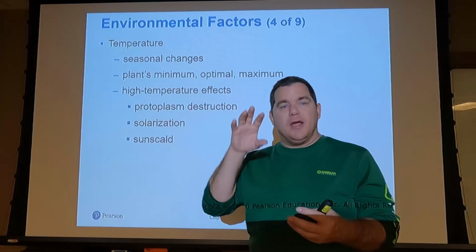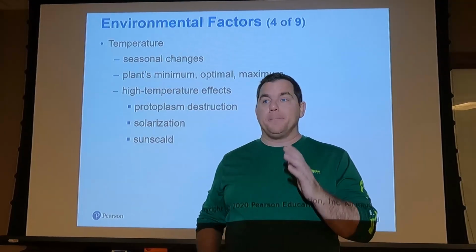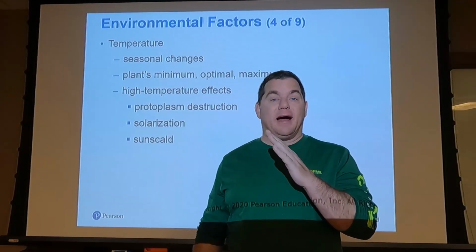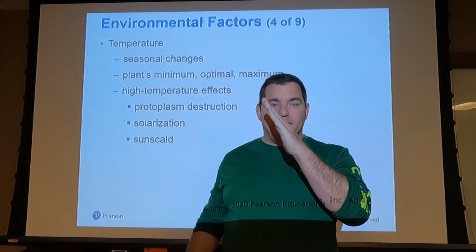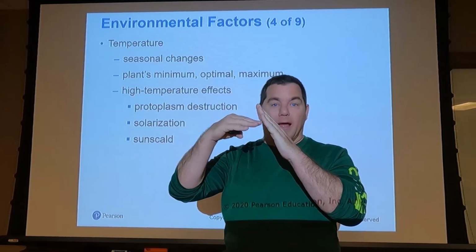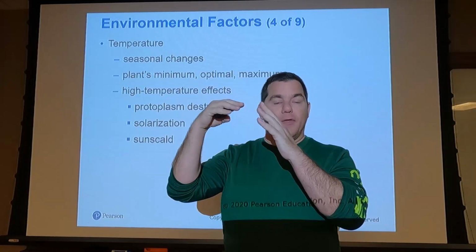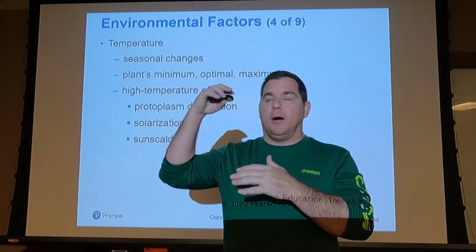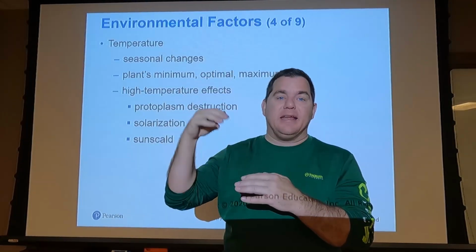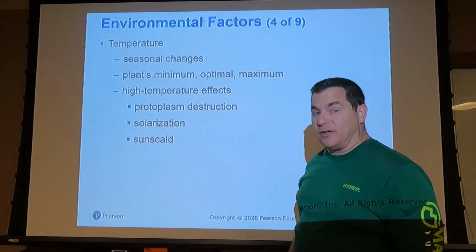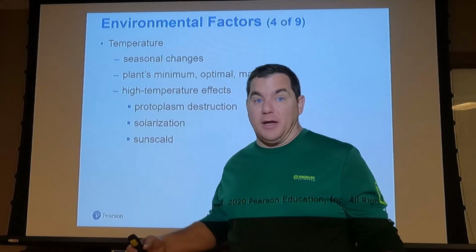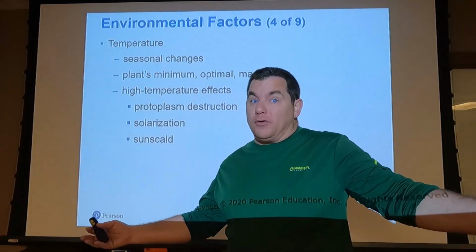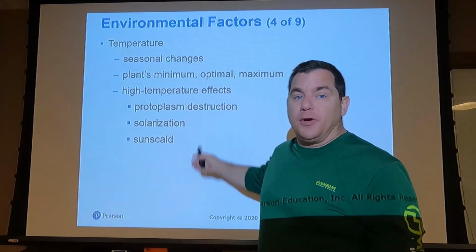If the temperature ever gets that high, the angle of incidence and the intensity of the light is very high, and they are just incapable of withstanding that solar radiation. It's just like whenever we go out in the sun on the lake, our skin burns. Same principle here with the plants.